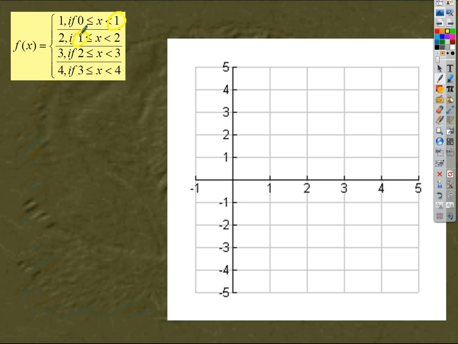Will you graph it again? Yeah. Here, I'll graph it again. First part? Second part?